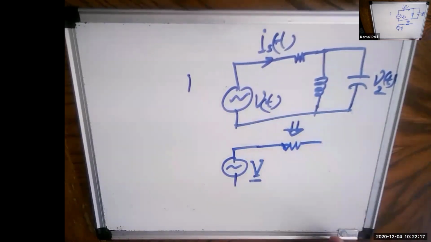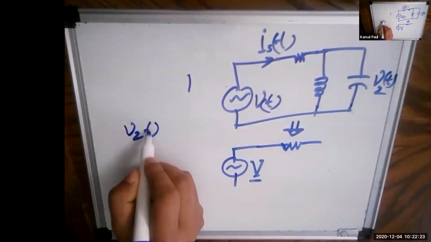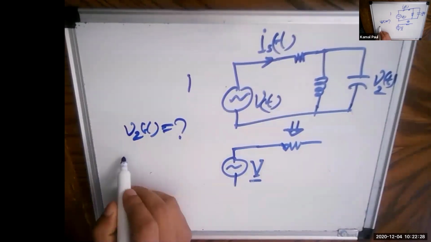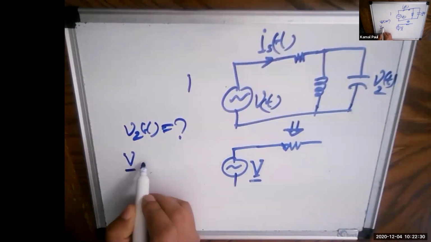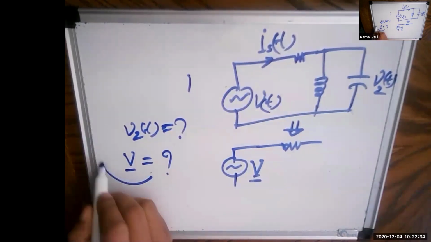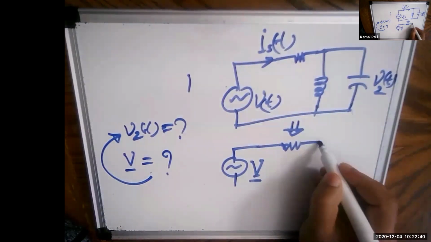And then finally, the unknown quantities, for example, I want to find out this V2, V2(t) equals what, right? So we have to basically find out what this vector value V2 is and then convert it back to this time series value.